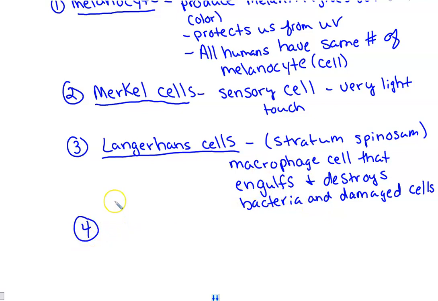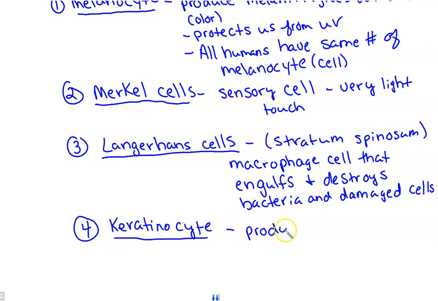And then our last but not least cell that we're going to talk about is a keratinocyte. And again, there's that word cyte. They are producing keratin, which is a protein, and they also are going to have that melanin in them that we saw.